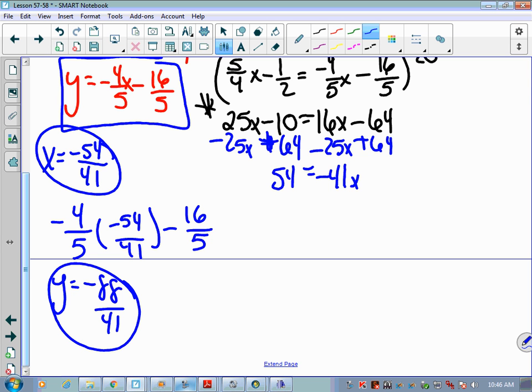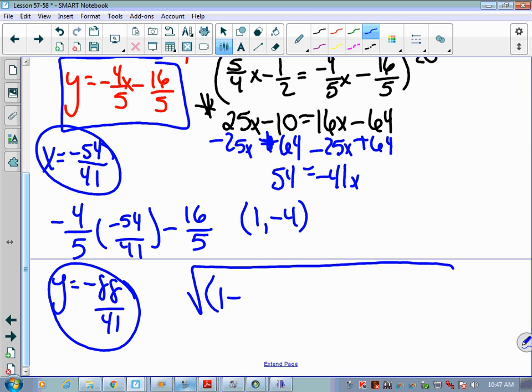The last step is I have to find a distance between this xy coordinate and the xy coordinate that I started with, which was 1, negative 4. So we do that by using the distance formula. So x1, so we got 1 minus x2, so plus 54 over 41 squared.